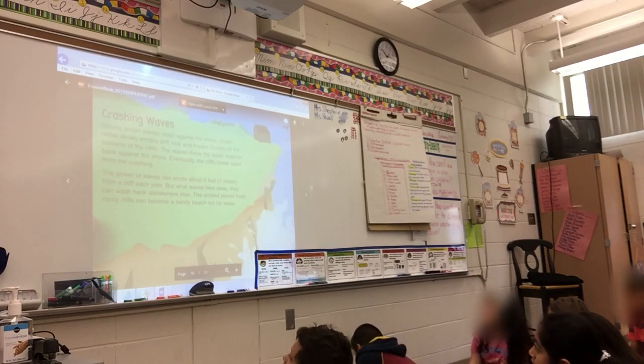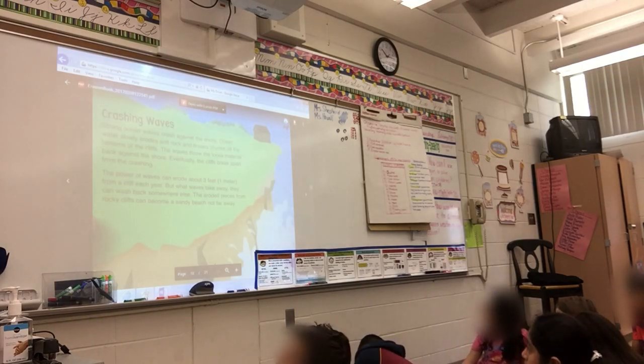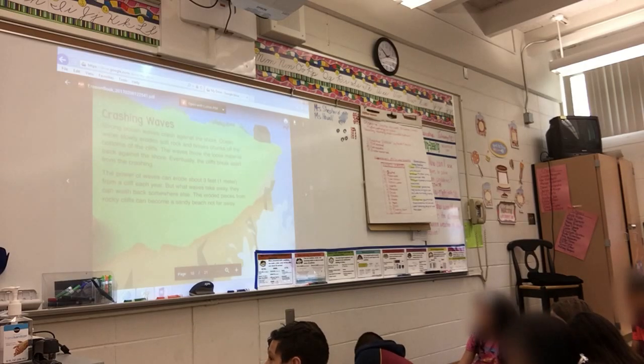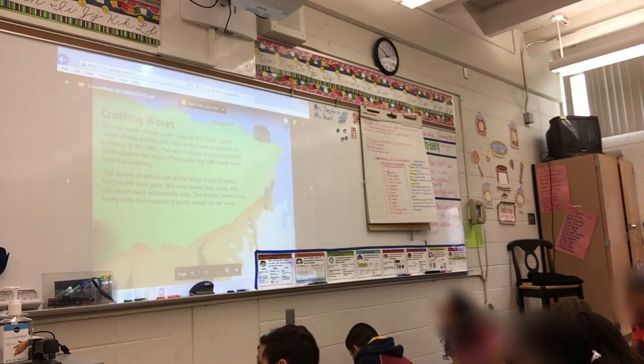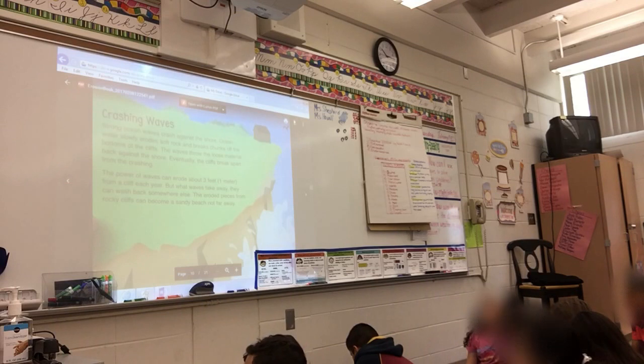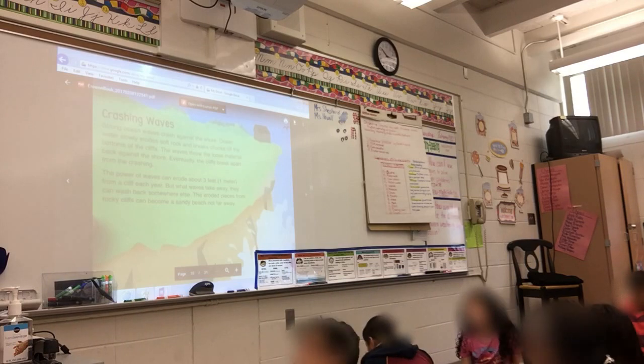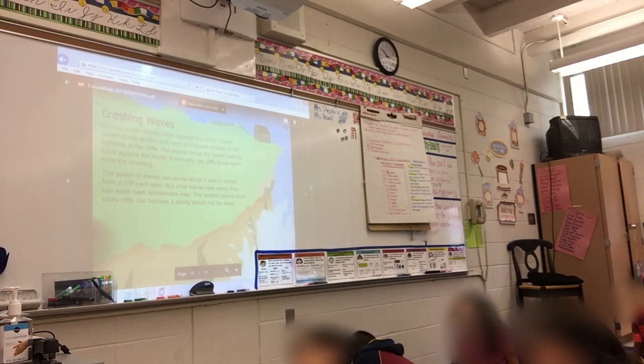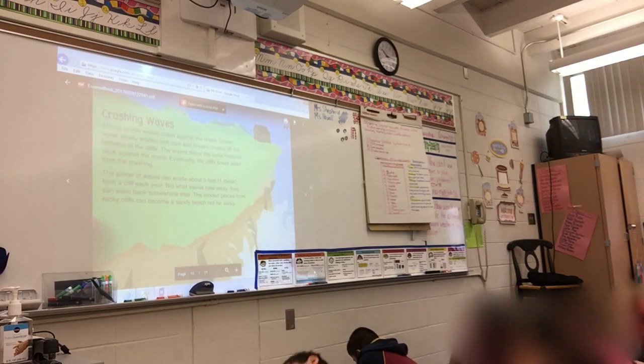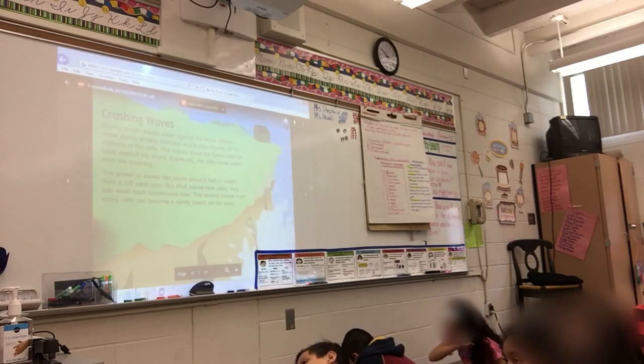But what waves take away, they can wash back somewhere else. The eroded pieces from the rocky cliffs can become a sandy beach not far away. Because what? Erosion is what? Breaking down, that's weathering. Erosion is moving it away, or moving it from one place to another.